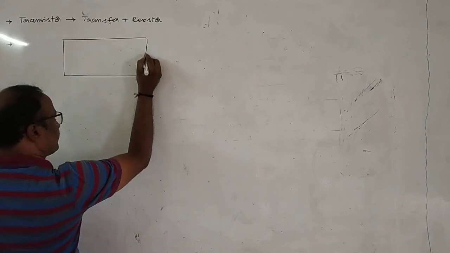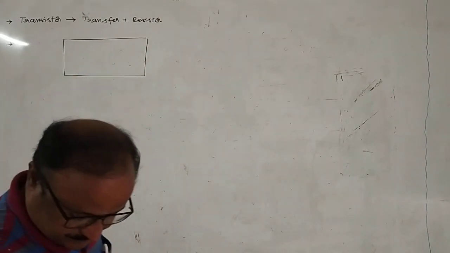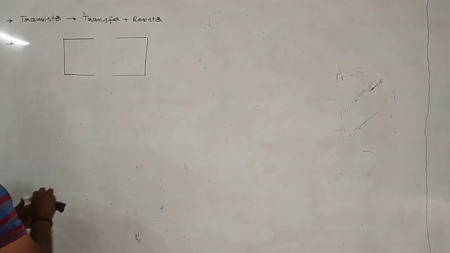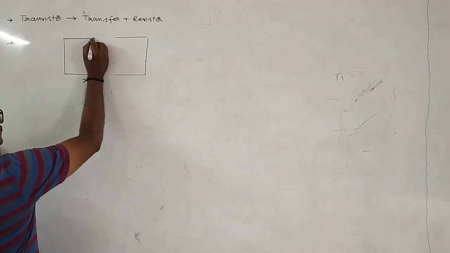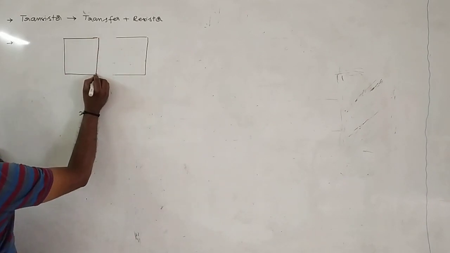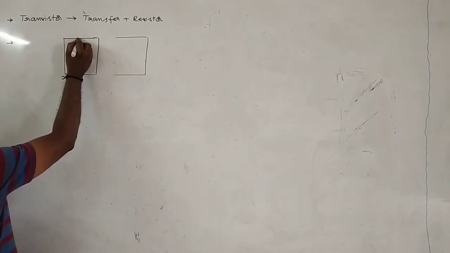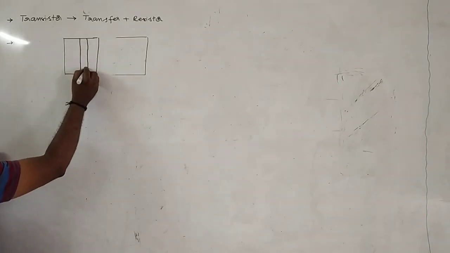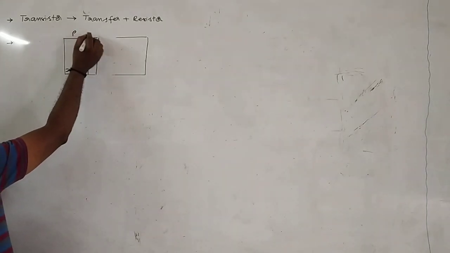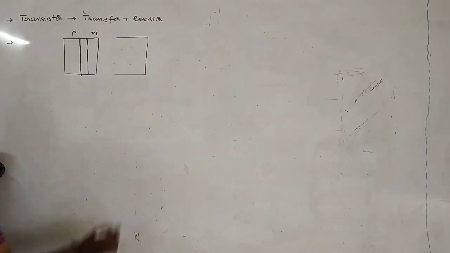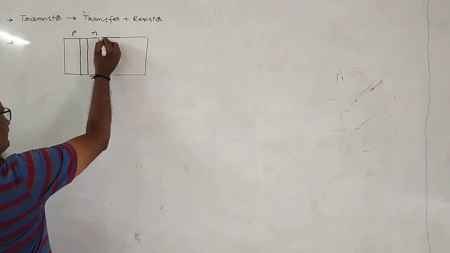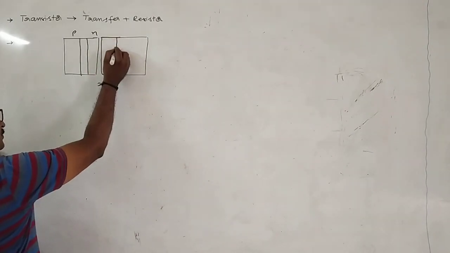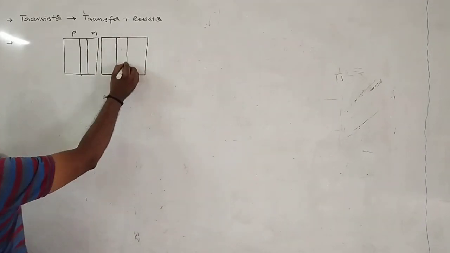Say here, suppose it is a PN junction diode. This is a neutral region, the P-type region and this is the N-type region. And the second one is also a PN junction diode.